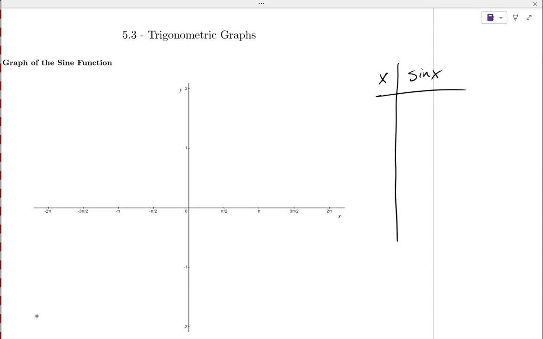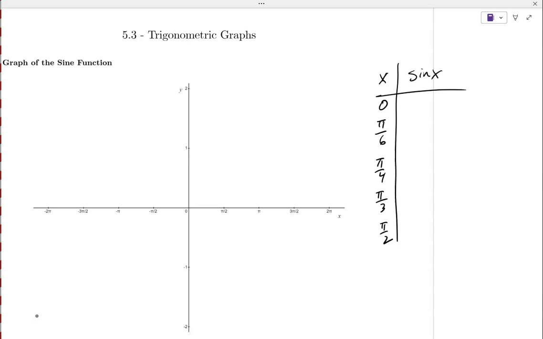So we'll start with the angles that we know, and then see if we can get a rough sketch of what the graph has to look like. I'm going to start with the angles in the first quadrant: 0, pi over 6, pi over 4, pi over 3, pi over 2. Start there.